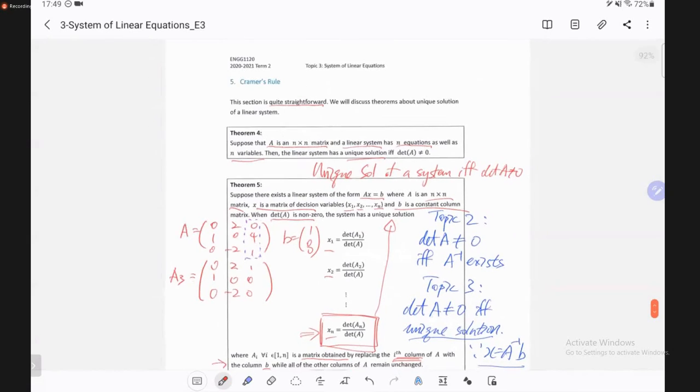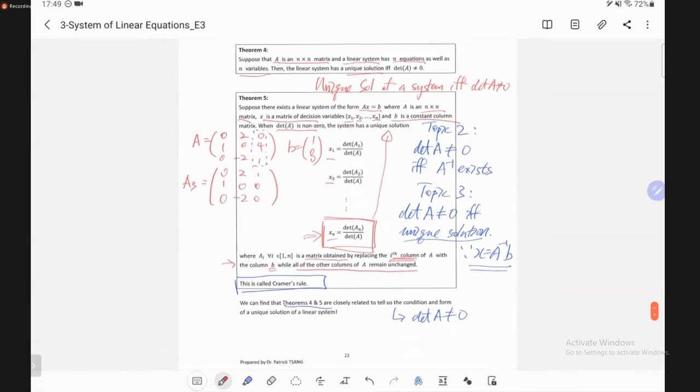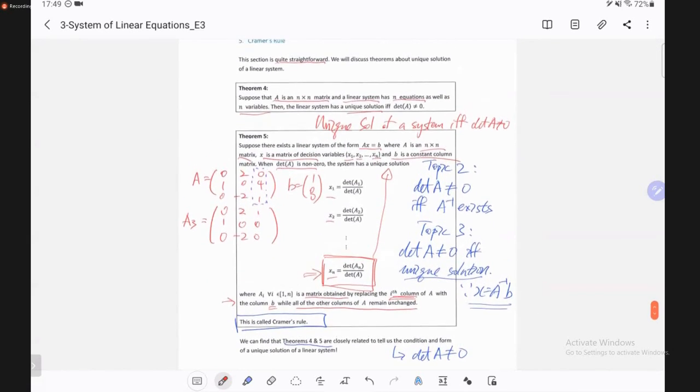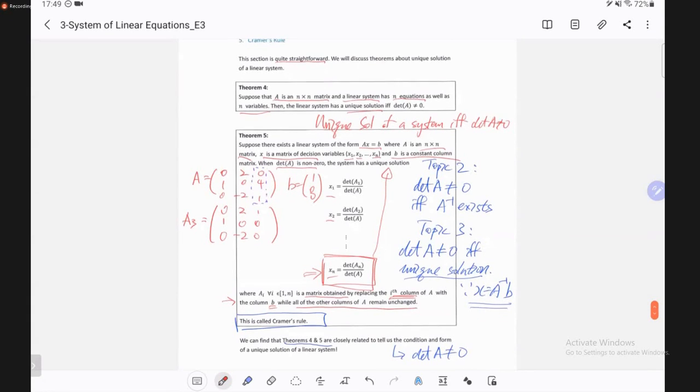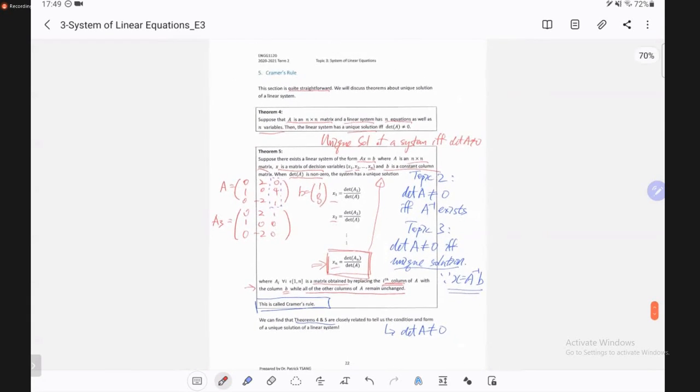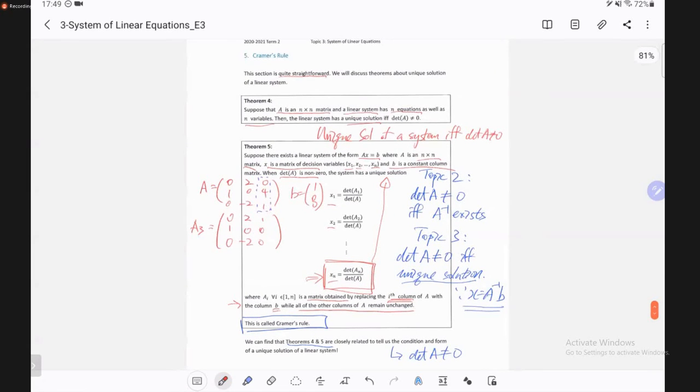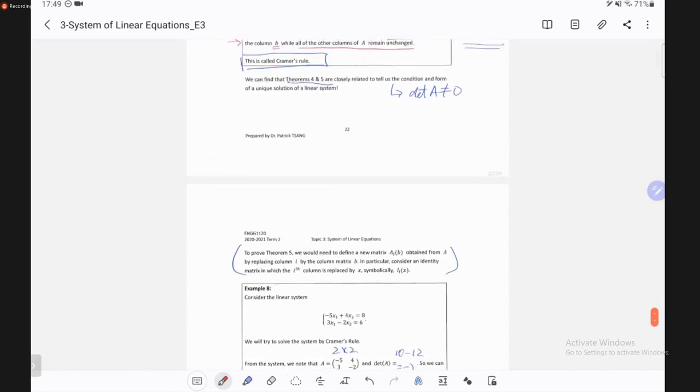And then Cramer's rule on page 22. And the last page.